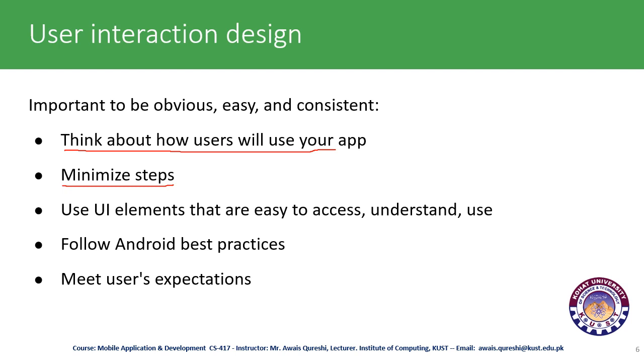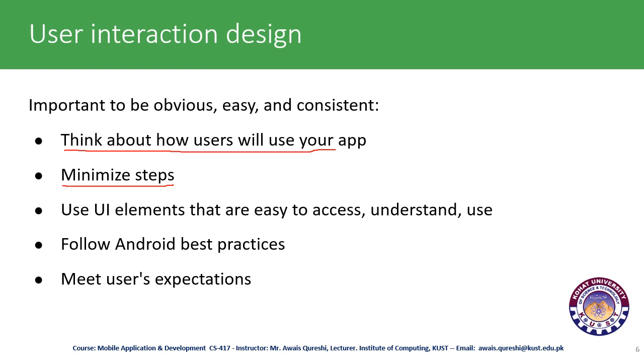And after that, use UI elements, user interface elements, that are easy to access, understand, and use. The third point is that we should use user interface elements that are not too difficult. There are some UI elements that need deeper understanding from the user, so we should avoid those and use simple UI elements like text boxes and buttons instead of long lengthy widgets.